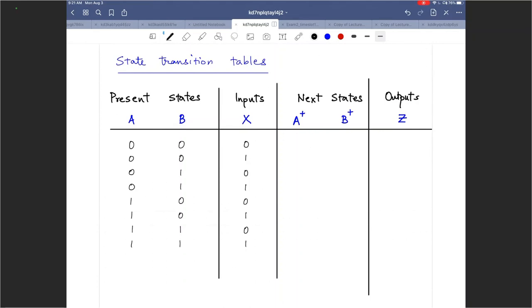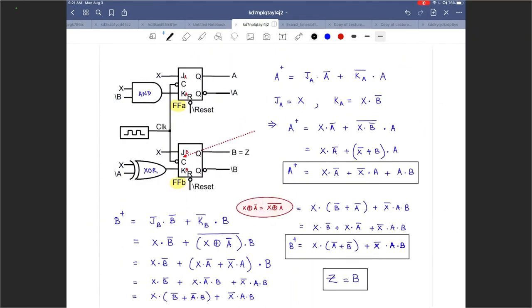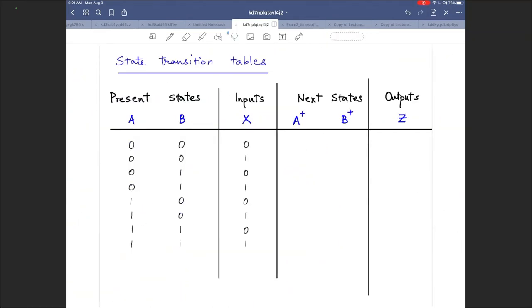Next, using the equations that we derived, we are going to write A plus and B plus and Z based on that. The easiest is going to be to fill out the outputs for this example, because Z was equal to B, right? So if Z is equal to B, I can simply pick up B here, copy it, and paste it over here. And I'm done with Z. So that's pretty straightforward.